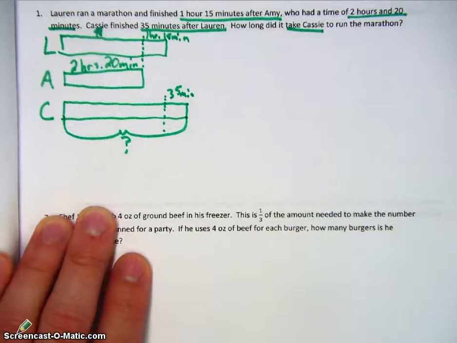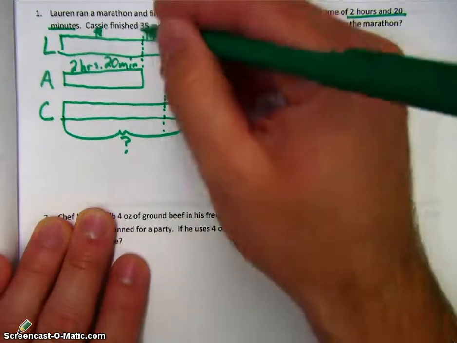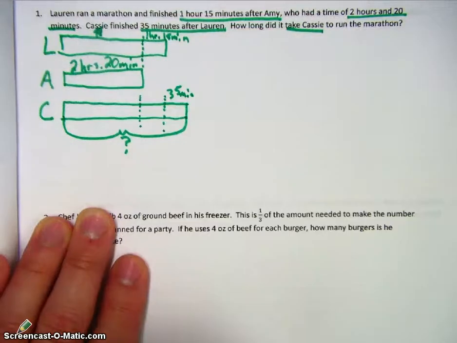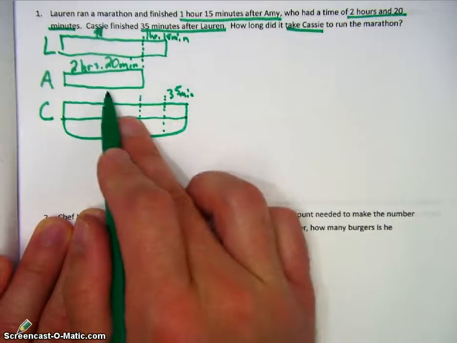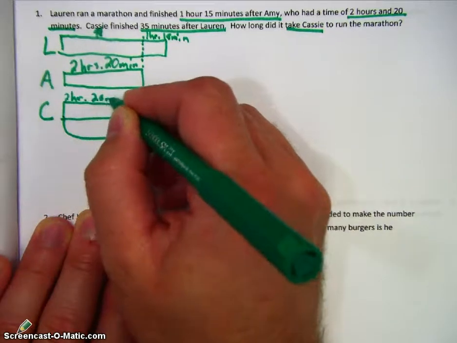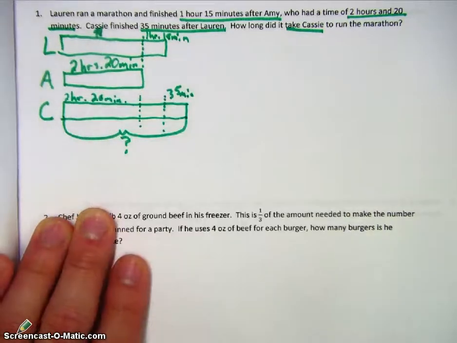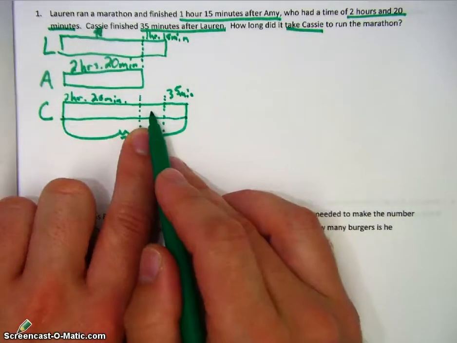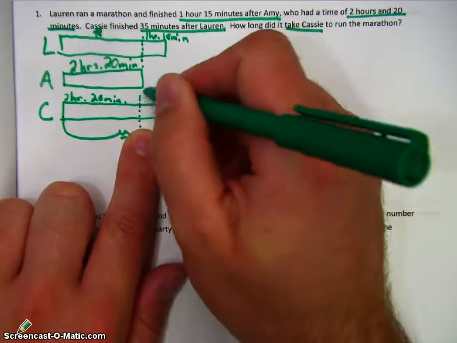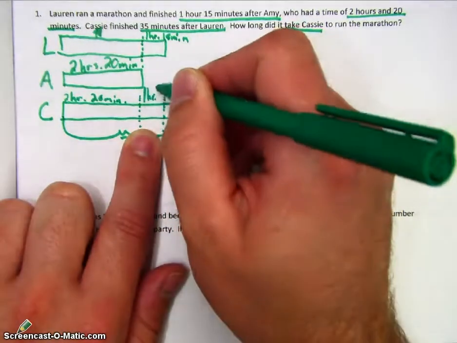Now if we look, this is a pretty simple, straightforward question, because if we bring our lines down, we'll see that this section of our bar is the same as Amy, so we know that this is 2 hours 20 minutes. This section in the middle here, that's the amount of time that Lauren had after Amy, so we know that this is 1 hour and 15 minutes.